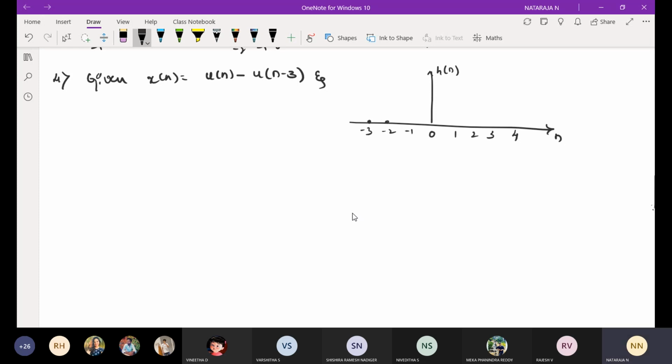At minus 2, 0; minus 3, 0. At minus 1 we have an amplitude of 1. At 0 we have an amplitude of 3. At 1 we have an amplitude of 2. At 2 we have an amplitude of minus 1. At 3 we have an amplitude of 1. At 4, 0.